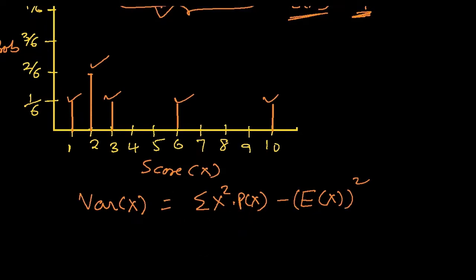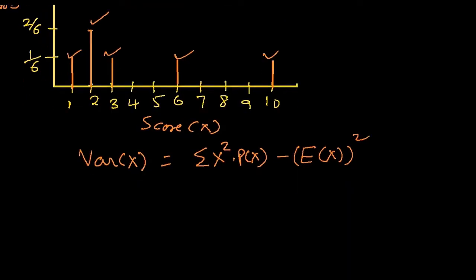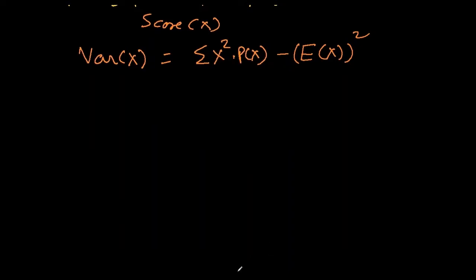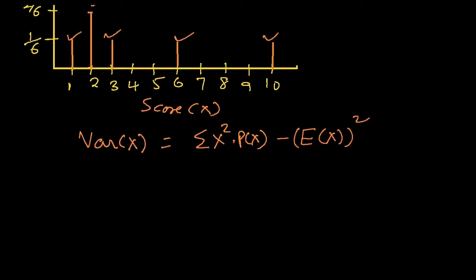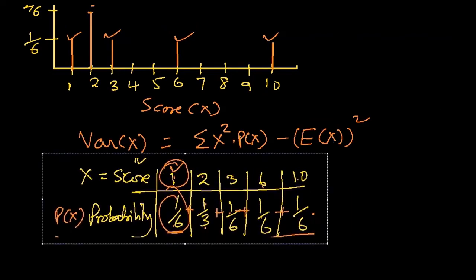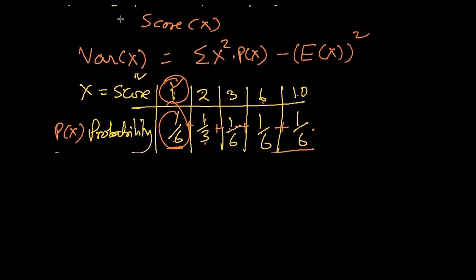For finding sigma x square px, I need to copy the original table again. So here is my table again. Now I need to add another row. I like to add rows rather than straight away writing it in the formula. So x square px will be a new row.